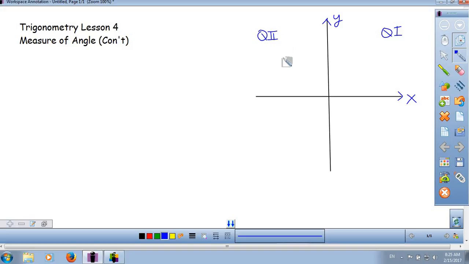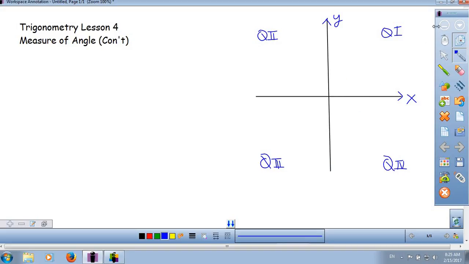The upper left is called quadrant 2, where x is negative. As you can see, this is the origin. So the x-axis here is negative, but the y-axis is positive. In quadrant 3, both the x values and the y values would be negative. And in quadrant 4, x would be positive, but y would be negative.